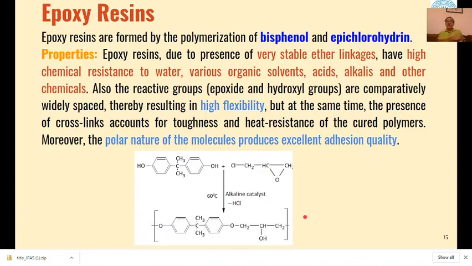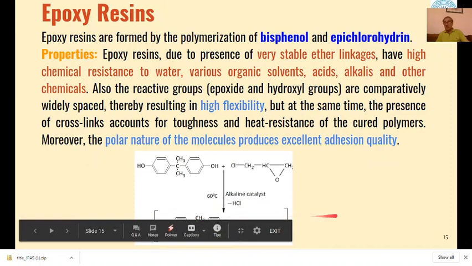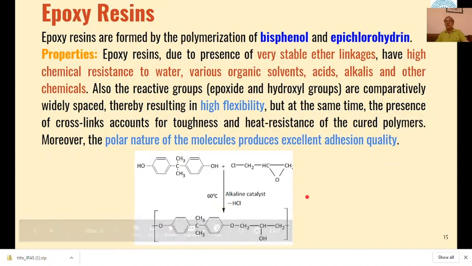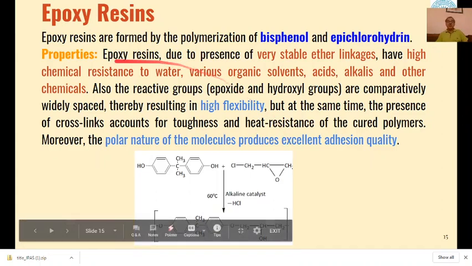These types of ether linkage-containing polymers are called epoxy resins. And when this is a long, single-chain polymer, the OH groups formed by opening of this bond may be free also. So the ether linkage and free OH groups give a very flexible structure to these types of resins, which are called epoxy resins.